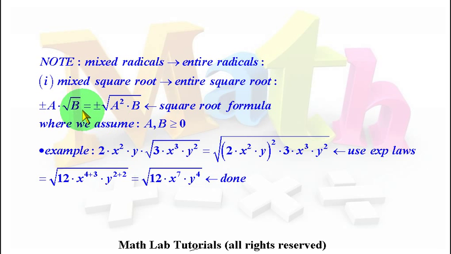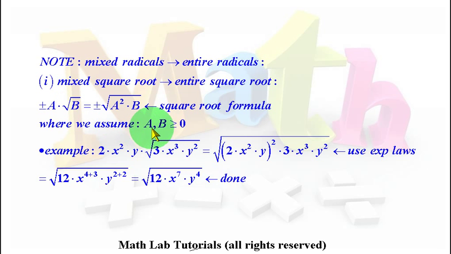So the objective is to go from a mixed radical to an entire radical. And again, the way we do that is by squaring the good guy on the outside to allow him to open up the jail door and come and visit the bad guy on the inside. And there he is. There's the good guy squared times the bad guy. And that's the only way a good guy that's outside the jail can gain entry to the inside of the square root jail.